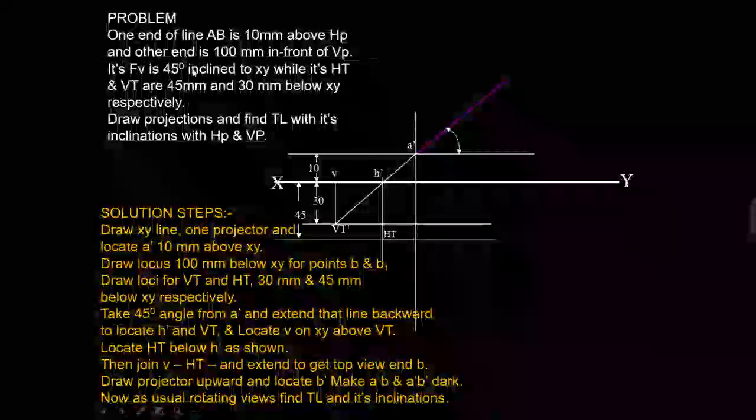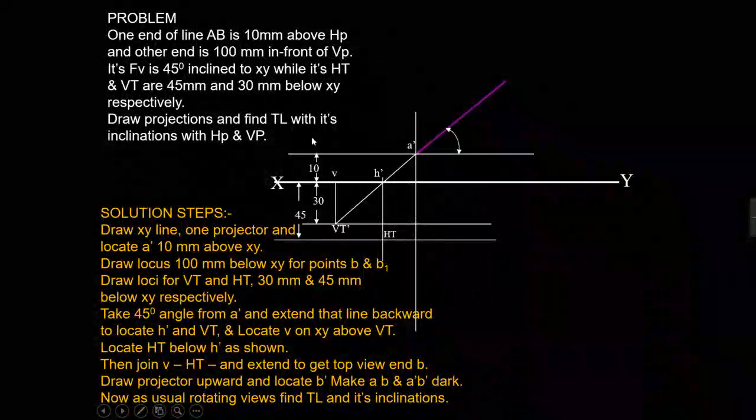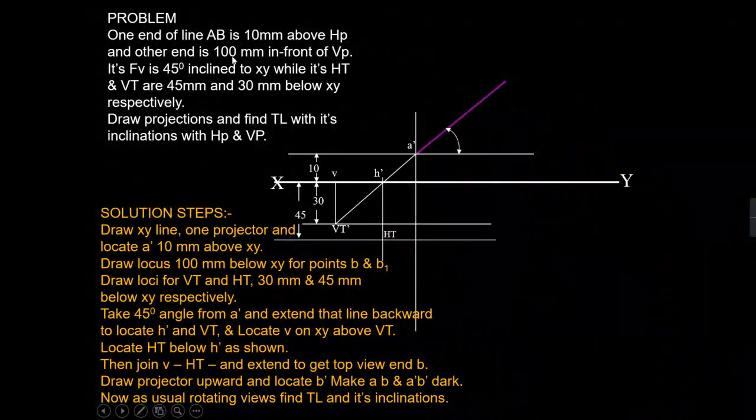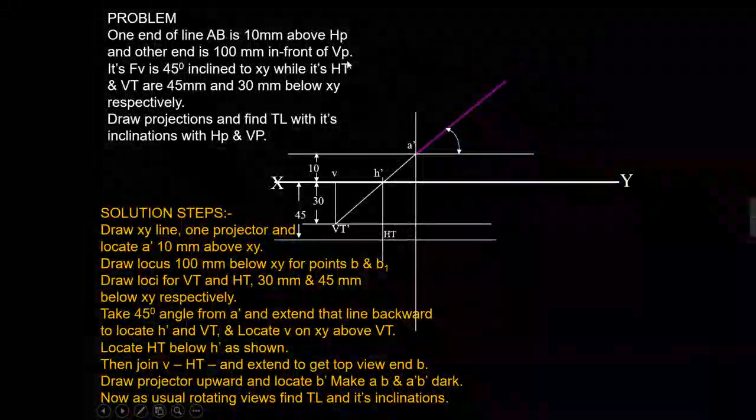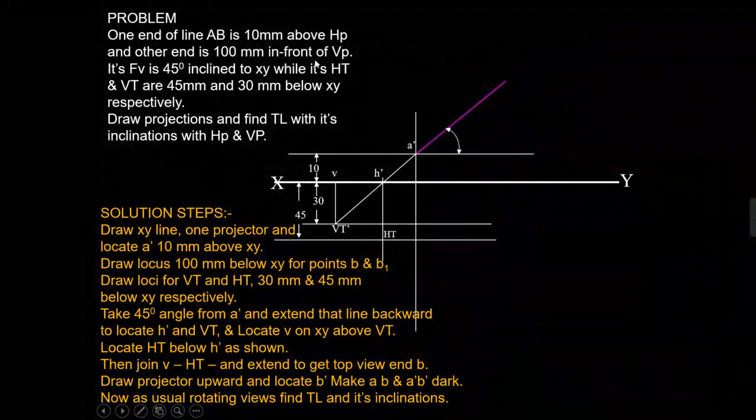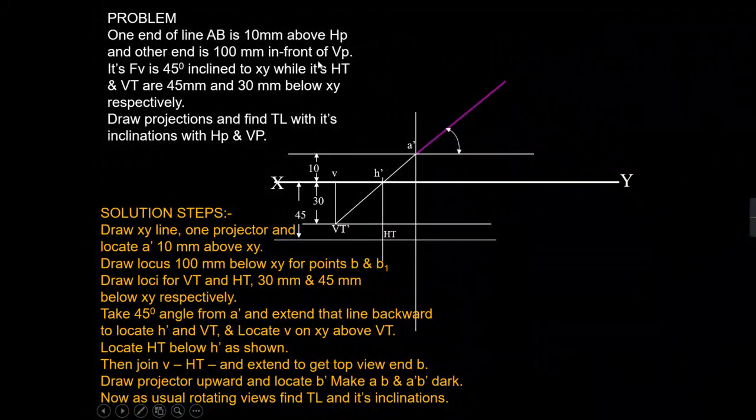Right? Now I know the position of the other point B, that is 100 mm in front of VP. Meaning the top view of point B is given to you.